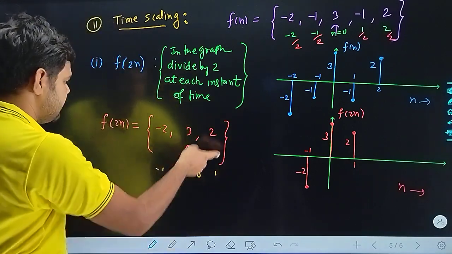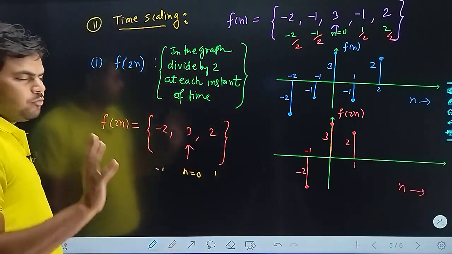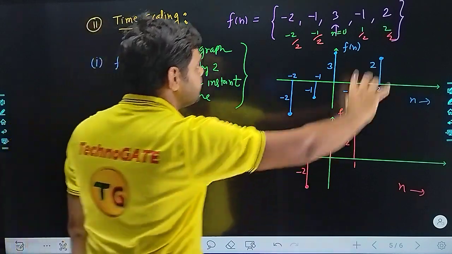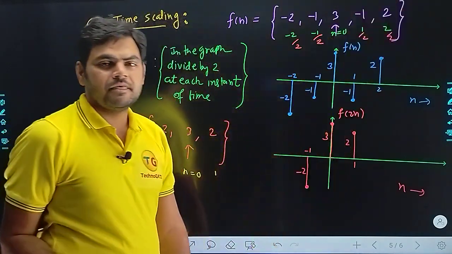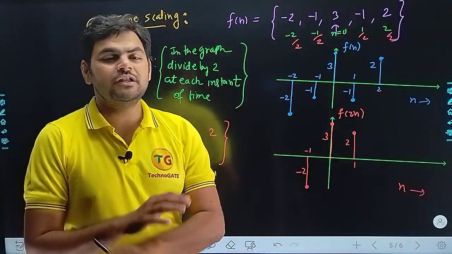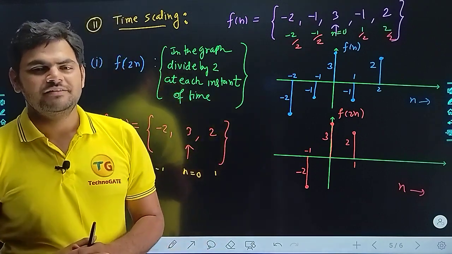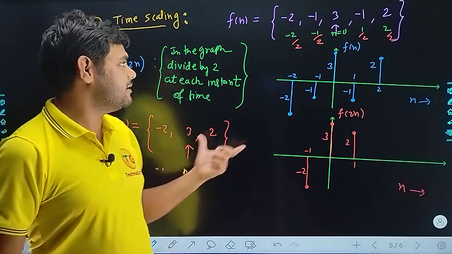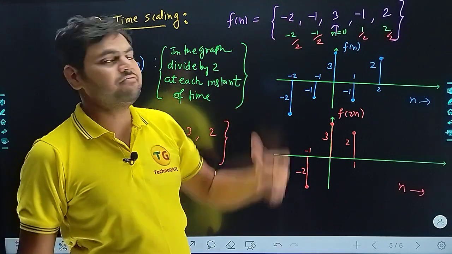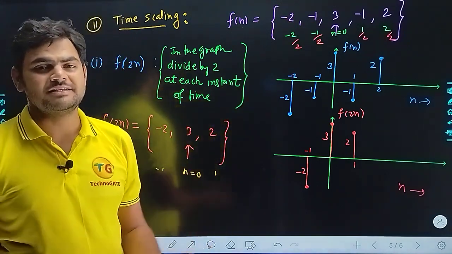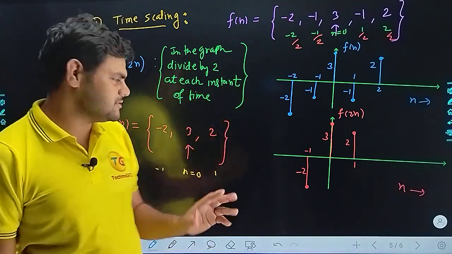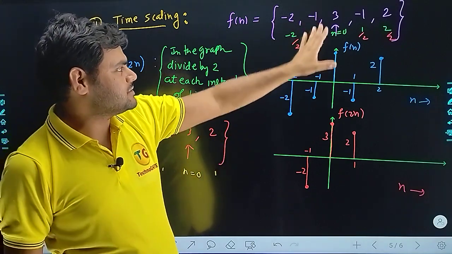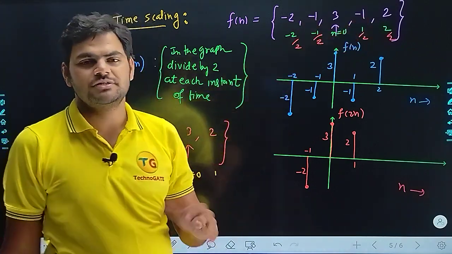If you have done this f of 2n, there is no operation by which you can regain or recreate f of n, because you don't know which samples were here; we have already lost them.